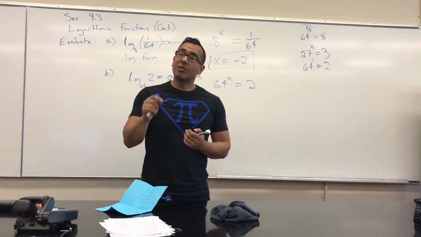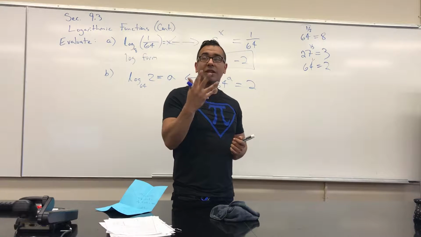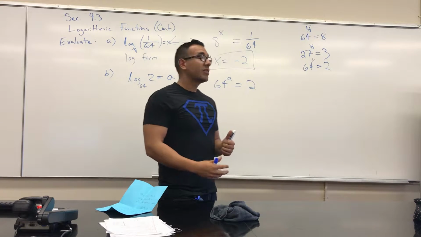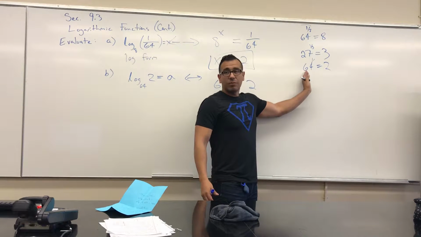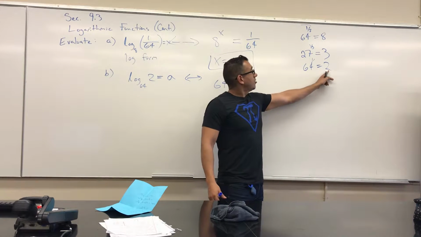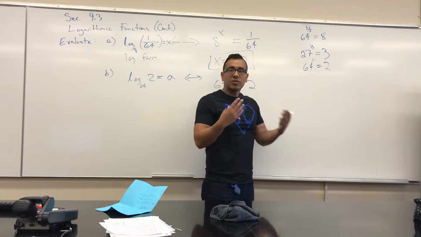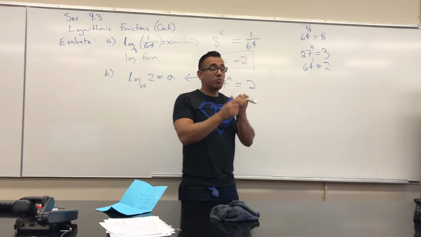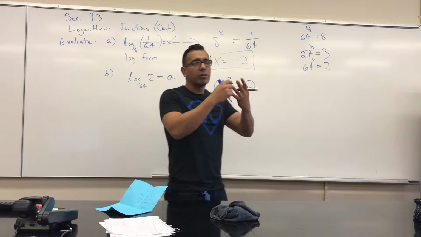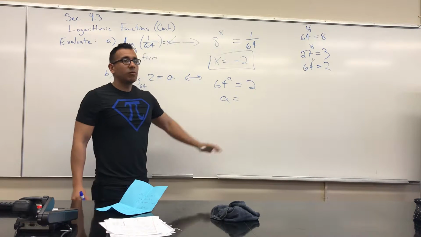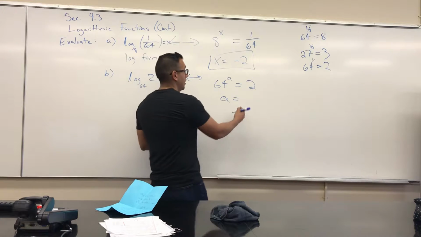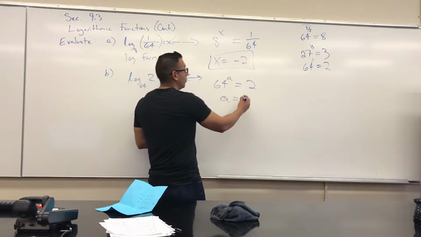If you do 2 times 2 times 2 times 2 times 2 times 2, that gives me 64. Whenever our original base that has an exponent is larger than our outcome, this is what's going to take place. We have to take either a square root, a cube root, a fourth root, a fifth root, some type of root. So A has to be what in this case? Not 6, because that would make it huge. 1 over 6.